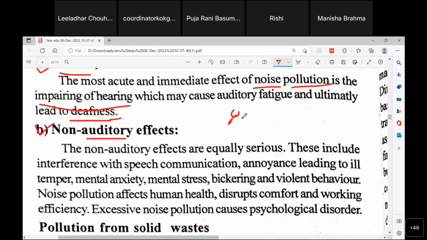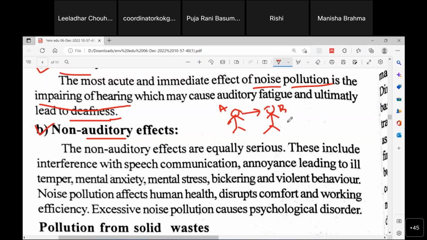One person is there and another person is there, and they are trying to communicate. I don't know whether many of you have traveled in a train or bus. When you are traveling in a train or bus, you will find that it is very difficult to communicate from one person to another. Even if they are near you, when the train is running at full speed, you have to speak very loudly, then only you are able to hear.